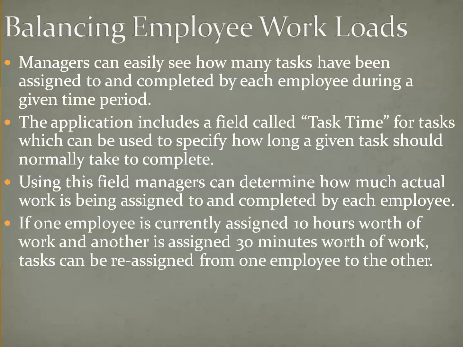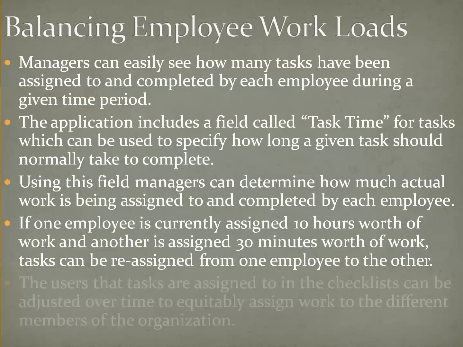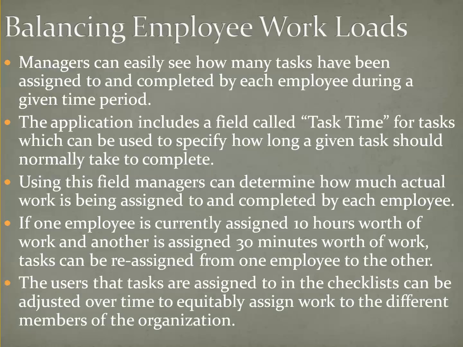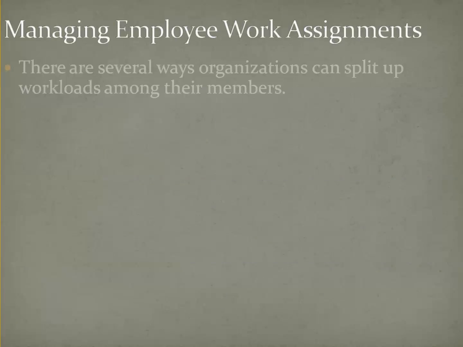And if one employee is currently assigned 10 hours worth of work and another is currently assigned 30 minutes worth of work, then you may want to reassign tasks from one employee to the other. And the users that tasks are assigned to in the checklist can easily be adjusted over time to equitably assign the work to the different members of your organizations.